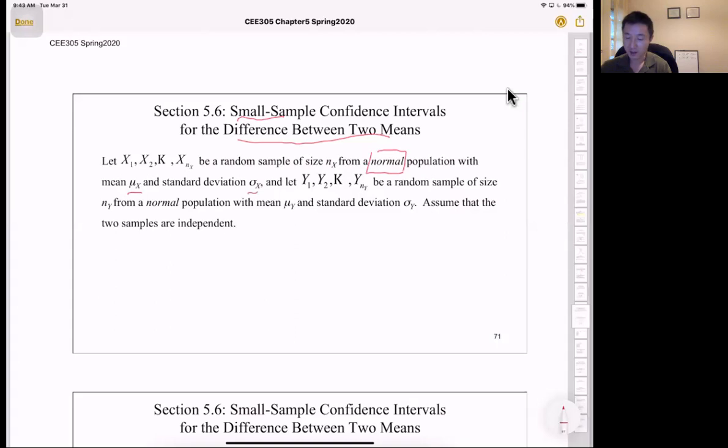And Y1, Y2, up to Yny is another random sample of size ny, also following a normal distribution with mean mu y and standard deviation sigma y. We also need to assume these two samples, X and Y, are independent.